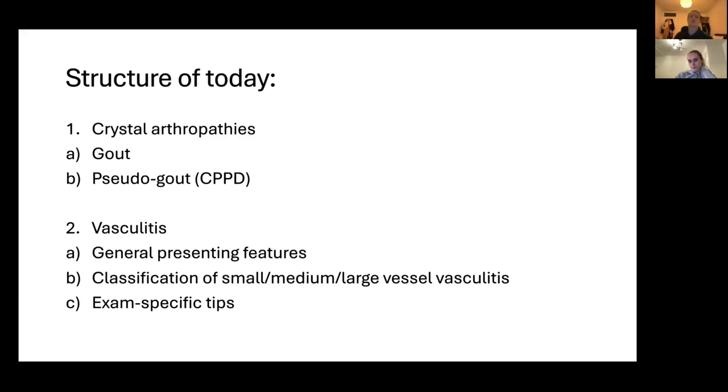So starting with the structure of today, we're going to break it down into 2 core components of rheumatology that are pretty different. We'll start with gout and the broader spectrum of disease referred to as crystal arthropathies. That includes pseudogout, which are common topics for exam questions and could crop up in your OSCEs as well as multiple choice.